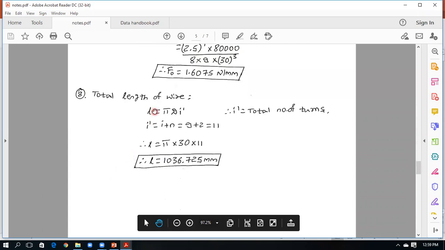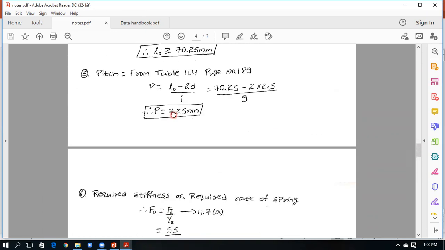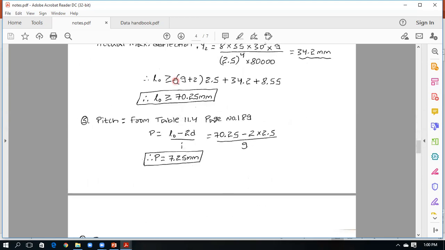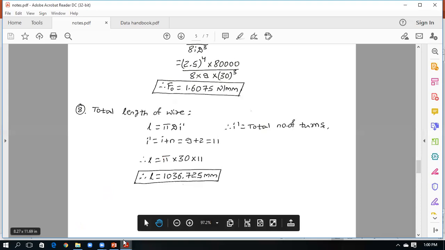The last one is to find out the total length of the wire. Okay, this is L is equal to pi D into I dash. I dash is nothing but total number of turns. I is nothing but total number of active coils, whereas I dash is total number of coils.